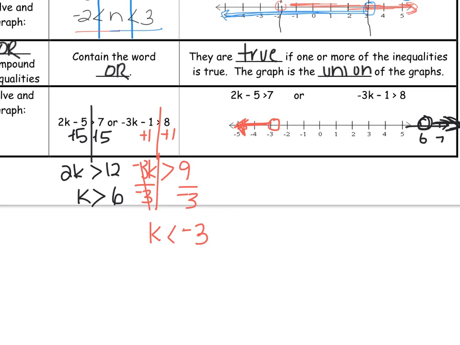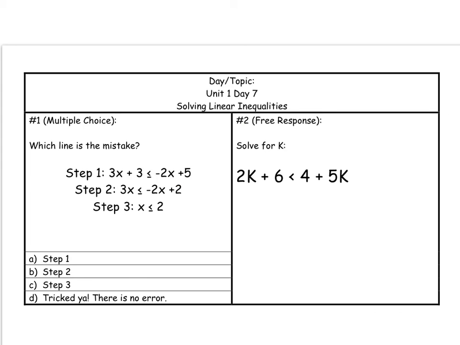So in an OR inequality, we only need a solution that works in either 2k minus 5 is greater than 7 or in negative 3k minus 1 is greater than 8, and we can get our solutions from this side or from this side.